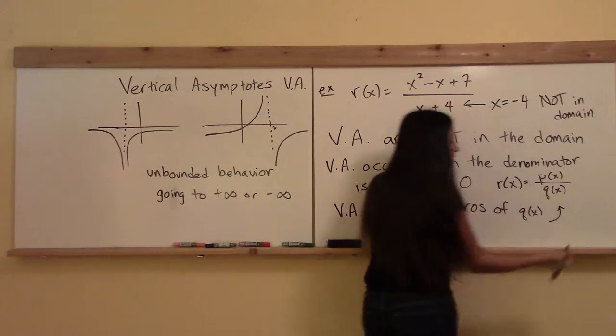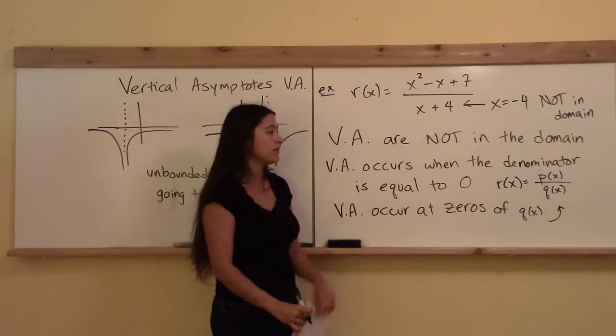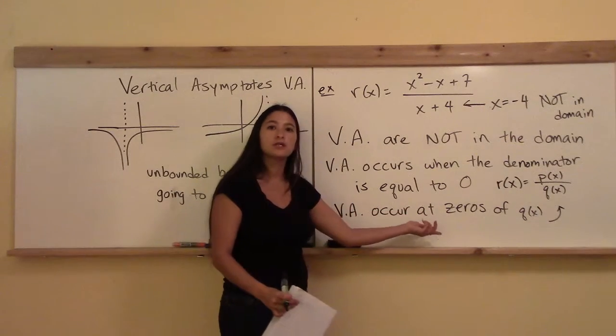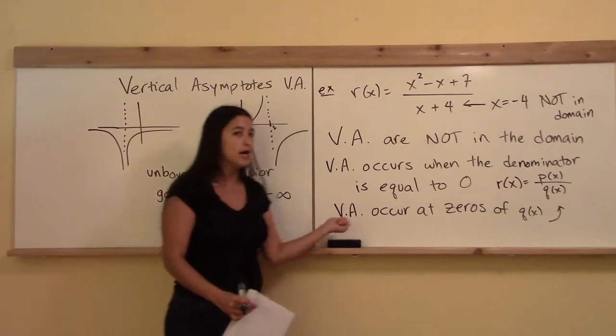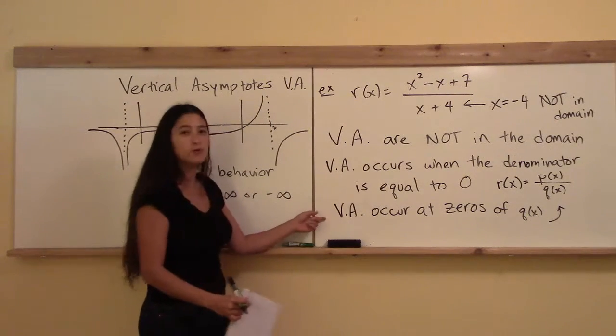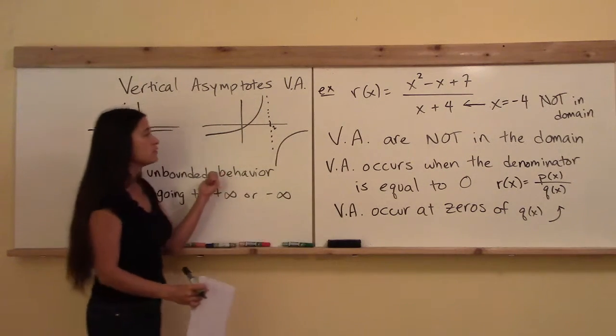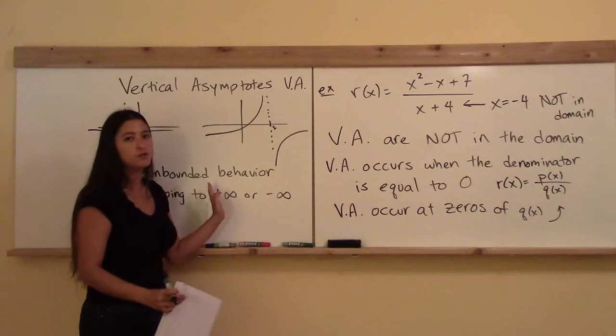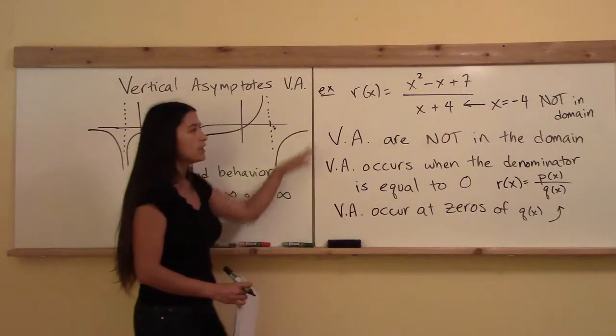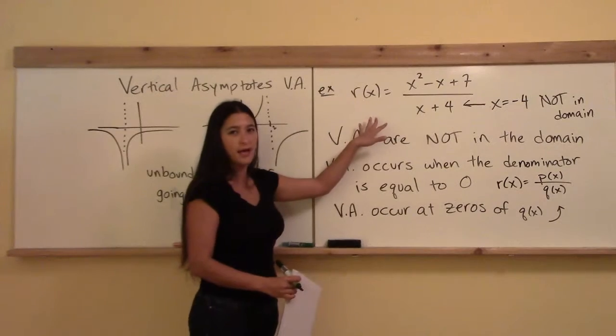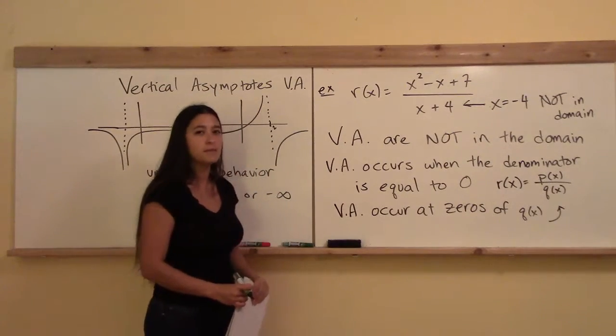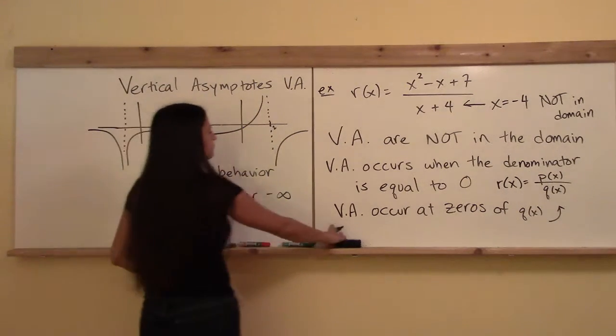Those are the x values such that when you put that value of x into q, you're going to get 0 on the bottom. That's bad. You want to avoid it, and now you know graphically what it appears as on a graph. So if you see that on a graph, consider what kind of function you're graphing. Why is that happening? You're probably dividing by 0. Okay, so that's the vertical asymptotes.